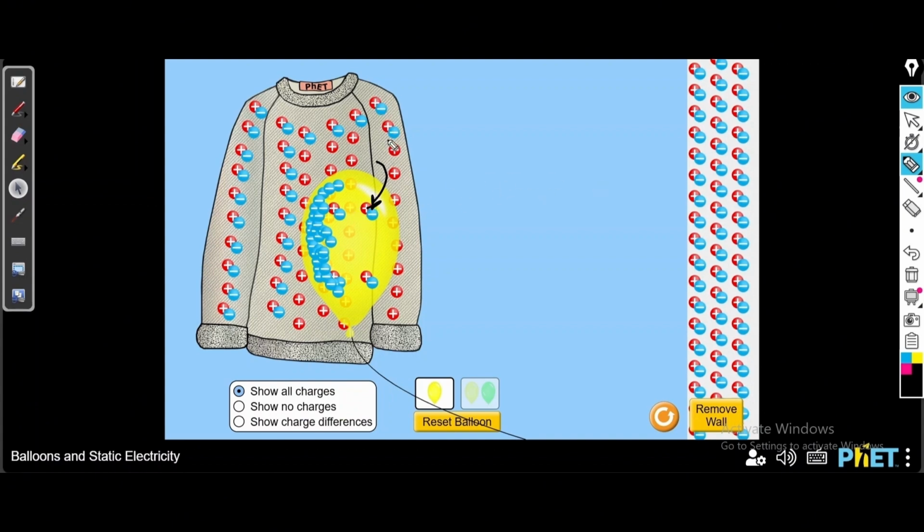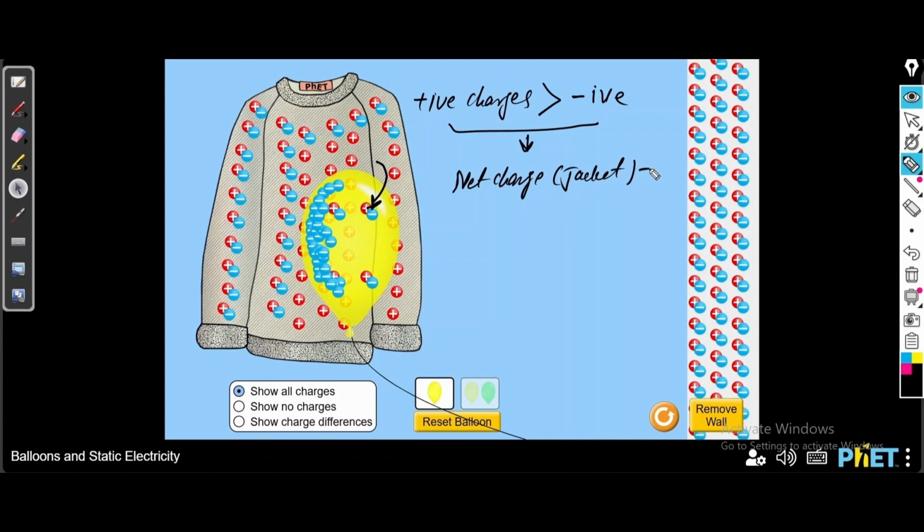Now, the number of positive charges on the jacket is greater than the number of negative charges, and hence the net charge on the jacket is positive, because the positive charge is greater.